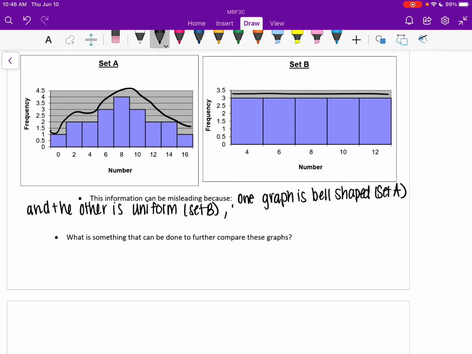But the calculations make them appear that they are the same, even though they're spread out quite differently.